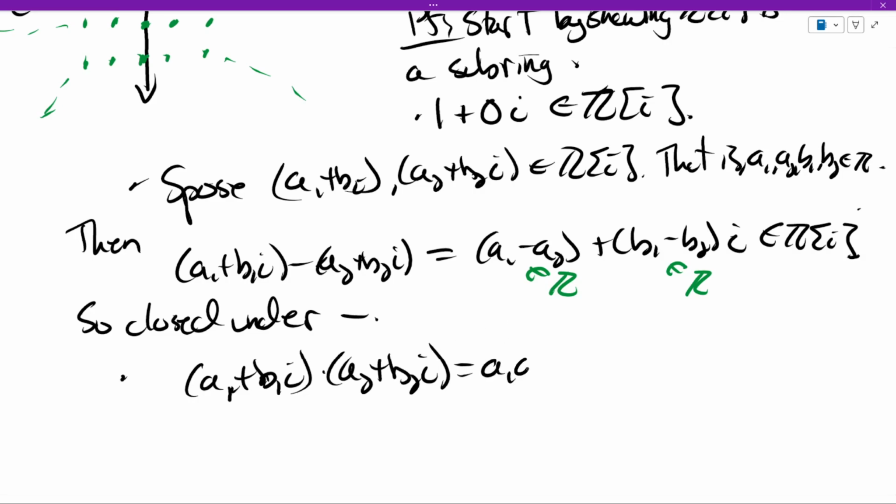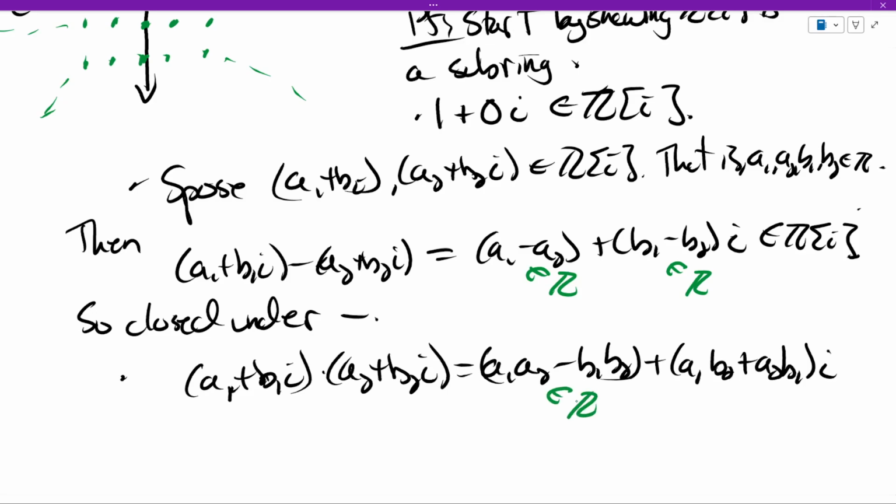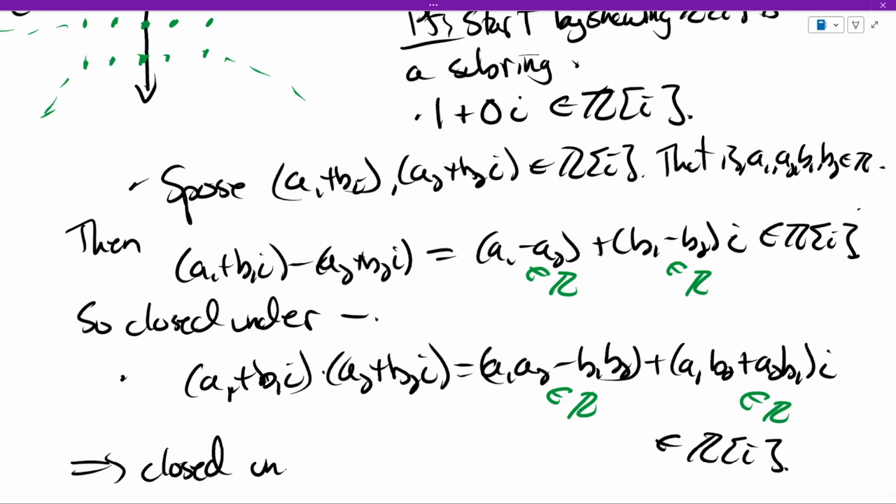If we compute this product, we're going to get this expression that we've seen a lot. Product of the real parts minus product of the imaginary parts plus the cross terms times i. Now, that's certainly still an integer because it's a product and difference of integers. This is a product and sum of integers, so that's still an integer. So this whole thing is still a Gaussian integer. So what do we get? We get closed under multiplication.